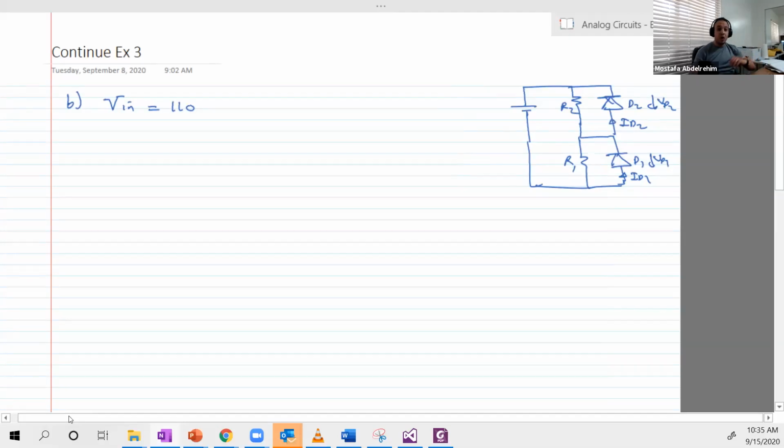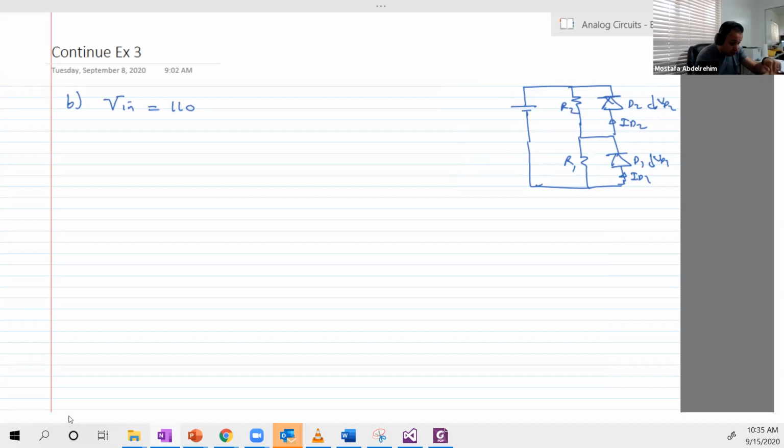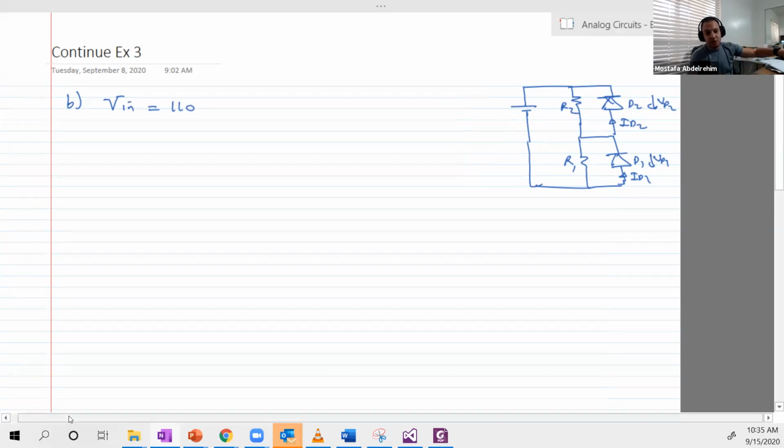One thing from the previous example: remember in the previous example number 2, D1 and D2, one of them restricts the other. One of them became deep reverse, D1, but D2 was not in deep reverse. The addition of these two resistors prevents this dependency between the two diodes.